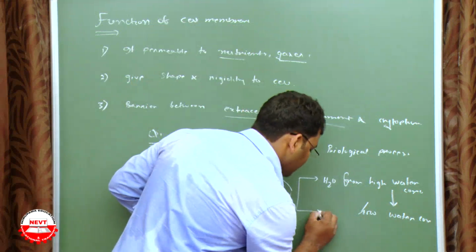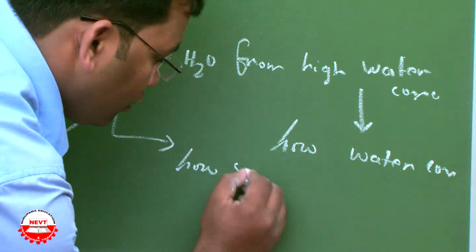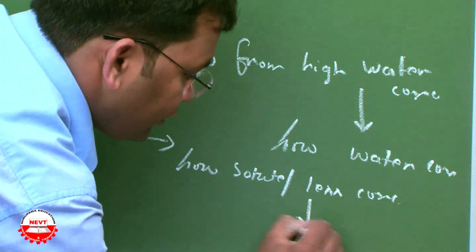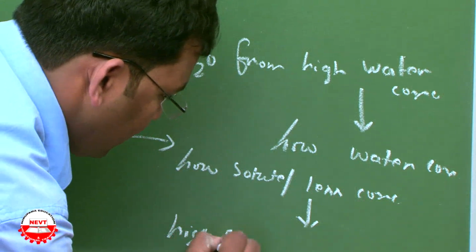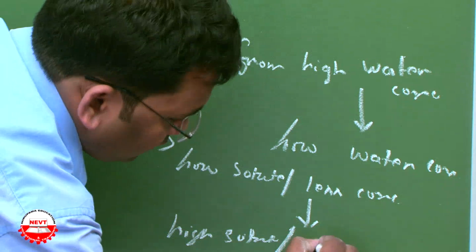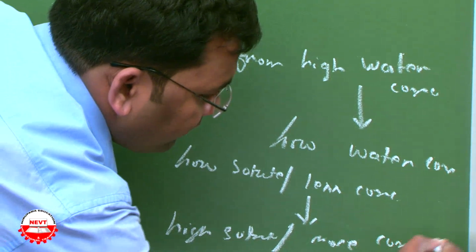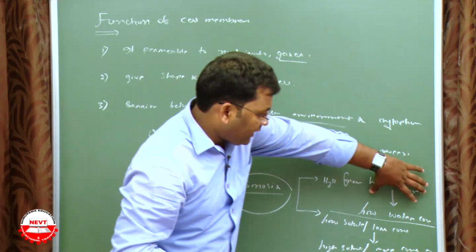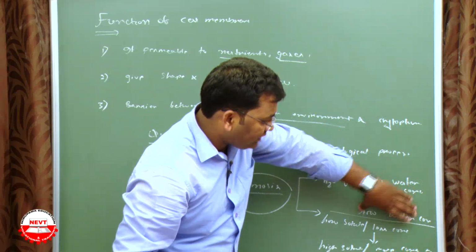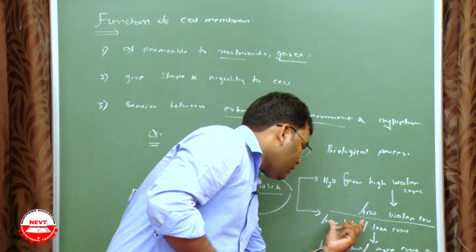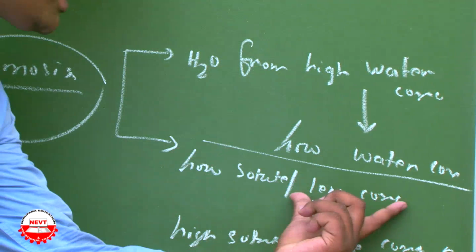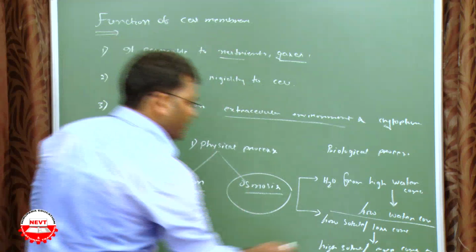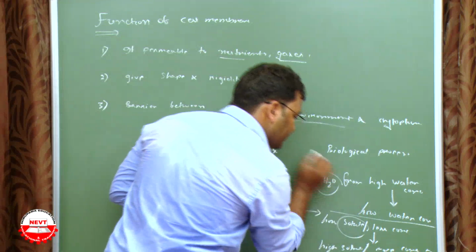So in reverse, from low solute or less concentrated medium to high solute or more concentrated medium. This is the basic difference. Movement from high concentration of water to low concentration of water, or from low solute or less concentrated medium to high concentrated medium. This is the matter of solute and this is the matter of water. So that's the difference.